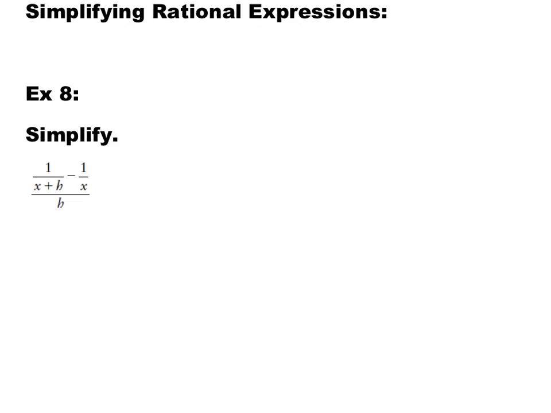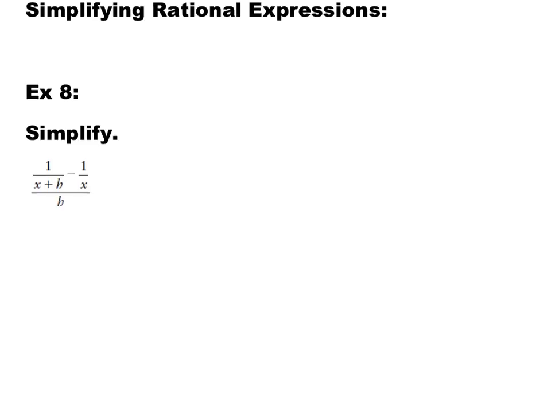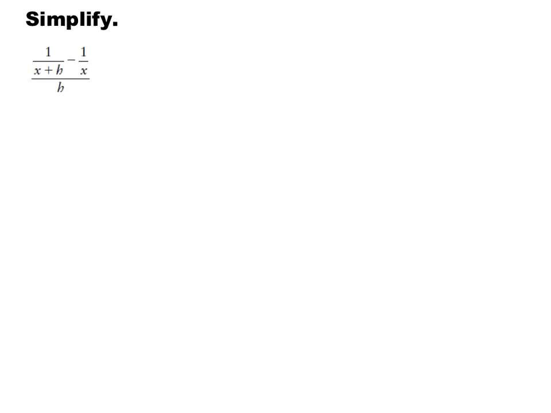The next thing that you need to remember is how to simplify rational expressions. For example, in this problem, we have to simplify 1 over x plus h minus 1 over x, all over h.